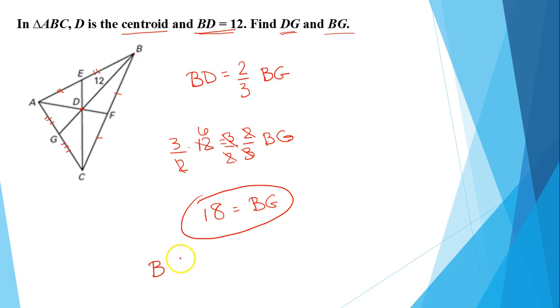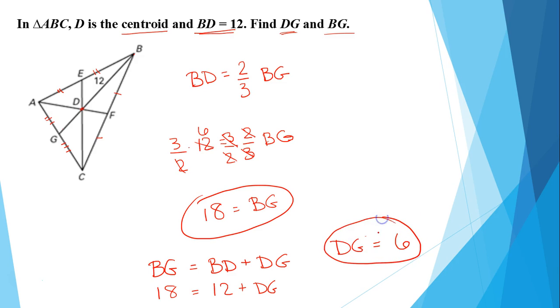So BG is equal to BD plus DG. We know BG is 18, BD is 12. So DG, subtract both sides by 12, you will find that DG is equal to 6. And there, we're done with that one.